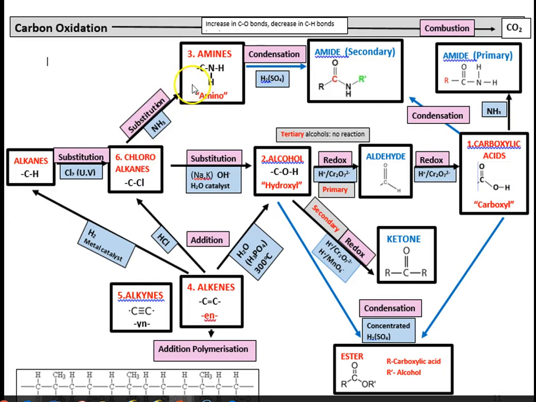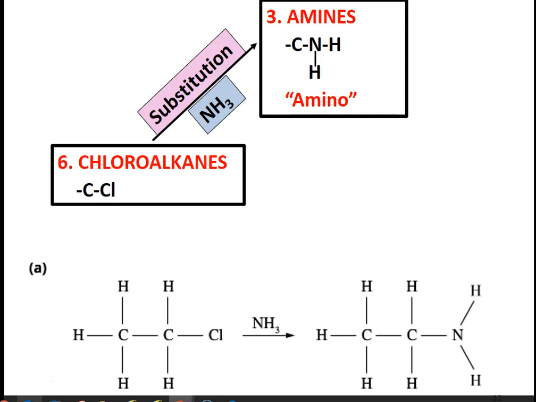You can also substitute the chlorine for nitrogen and hydrogen to make an amine. Okay, so this is an ammonia molecule. Nitrogen forms 3 bonds. At the moment, the nitrogen is forming 3 bonds with the hydrogen, but you can swap it with the chlorine.